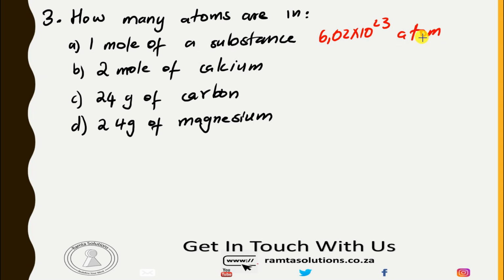Alright? Now, in 2 moles of calcium, if you recall, 1 mole of a substance has 6.02 times 10 to the 23. This time around, you will say this is 2 times 6.02 times 10 to the 23 atoms.